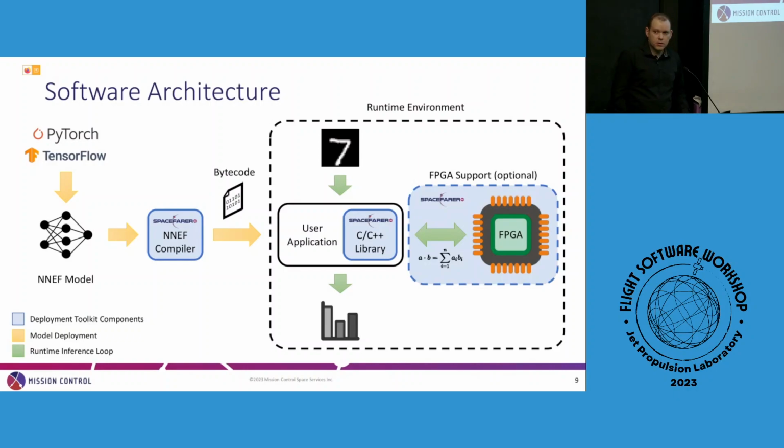You can run this only on the traditional CPU, or you can also have this optional FPGA support. So if you have a system on chip that has an FPGA and that we support with some additional FPGA logic and drivers, you can use that to run certain operations, and we focus on running the computationally intensive operations, which for this type of network are typically the convolutions.